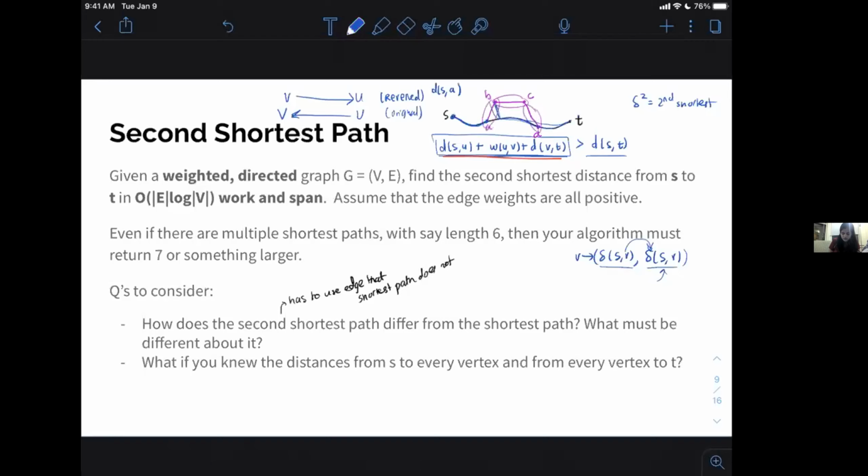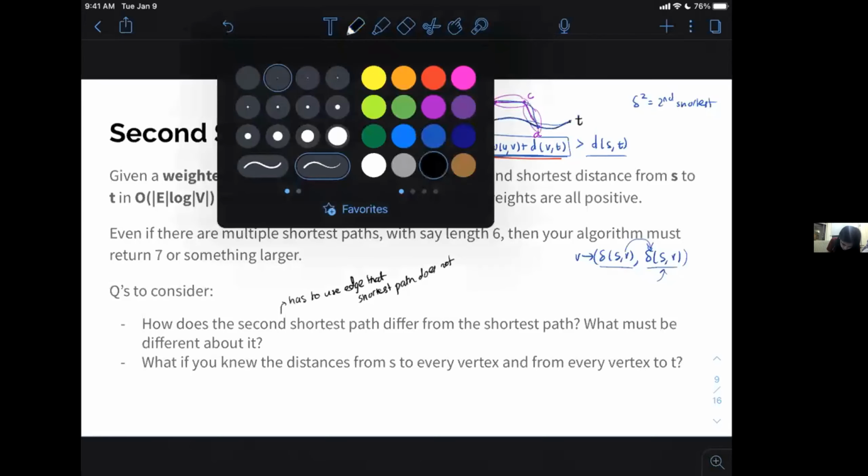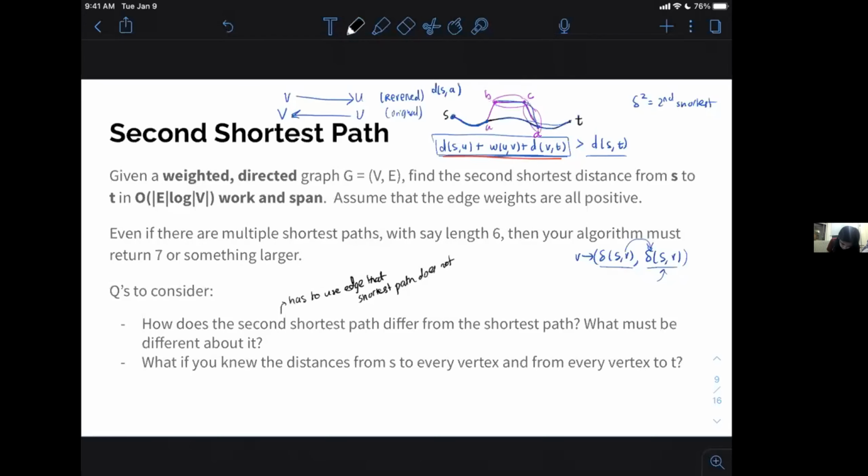Actually, wait. I think it does have to go through here. If you assume there's no other edges here, I think it does have to go through there. Let me make this for a sec. So let's say there's no way to get to B from anywhere in here.